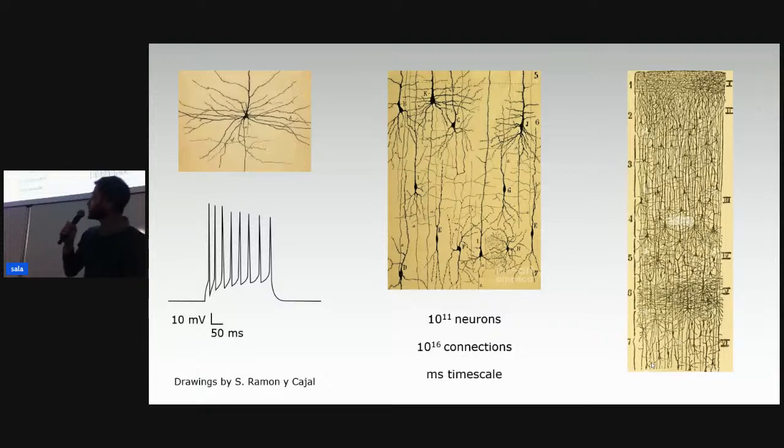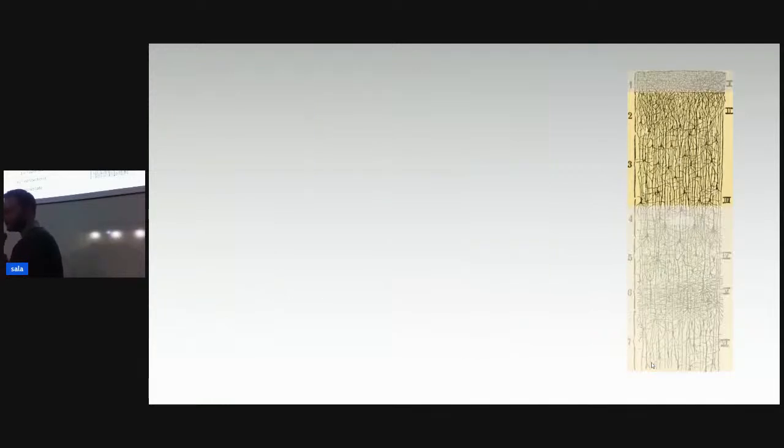And the relevant time scale for neuronal information to propagate is the millisecond. So of course you can see that this problem has a very complex solution. Actually, it has no experimental solution today.